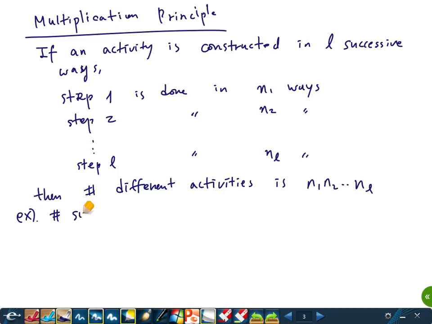Number of subsets of this 1, 2, 3, up to n element set. What is the number of subsets of this? Okay.